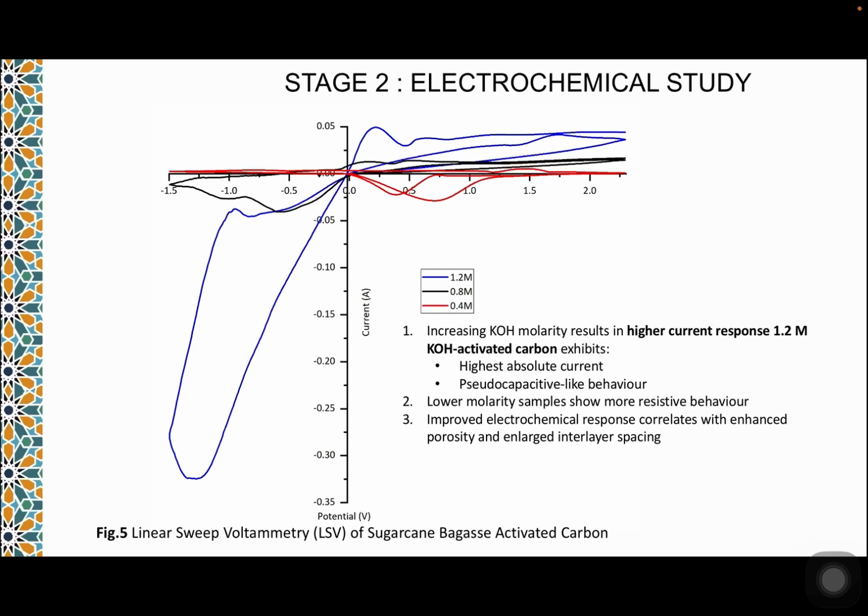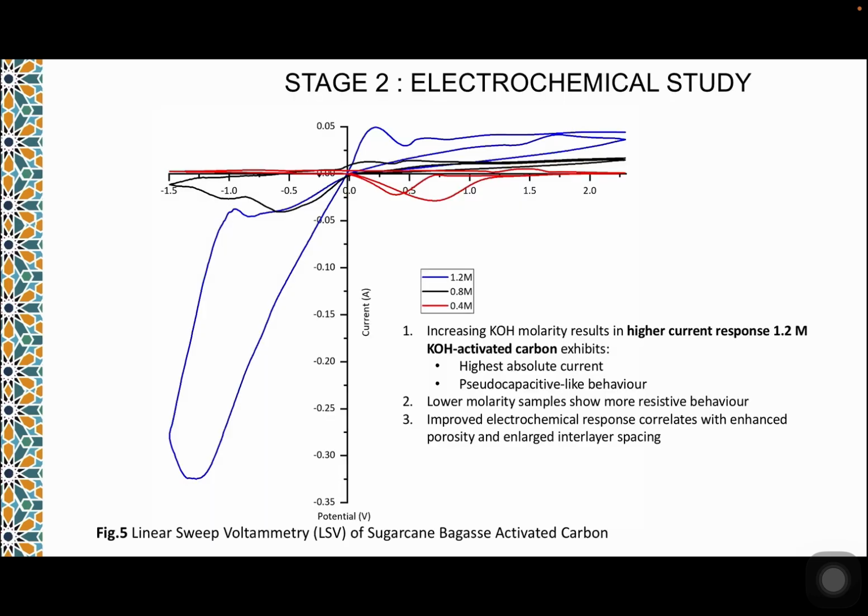At higher molarity of KOH, the higher current response can be observed, which indicates the highest absolute current and also shows that it has a pseudocapacitive-like behavior. And from here we can also observe that the lower molarity samples show more resistive behavior, and the improved electrochemical response correlates with enhanced porosity and enlarged interlayer spacing.